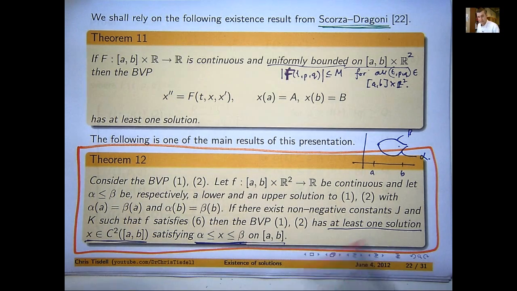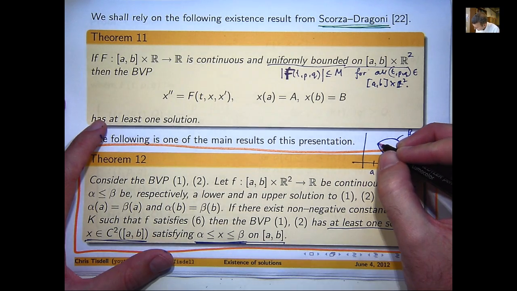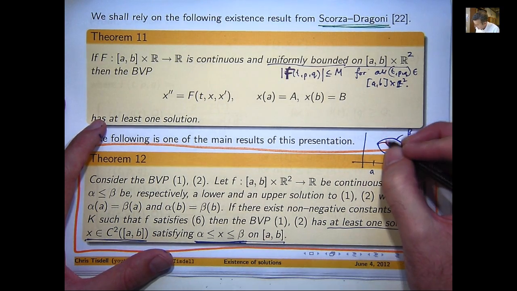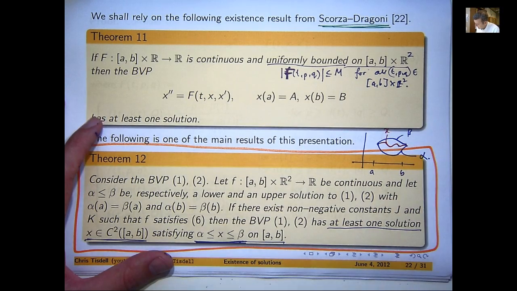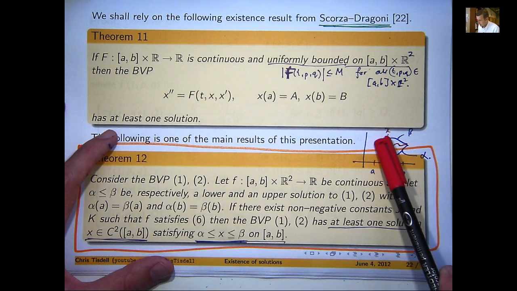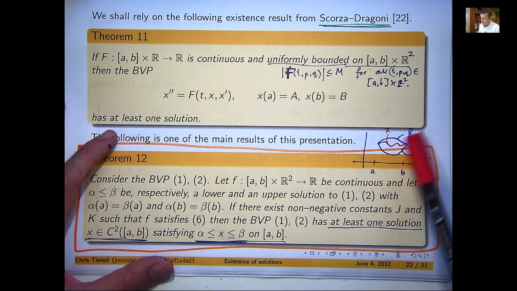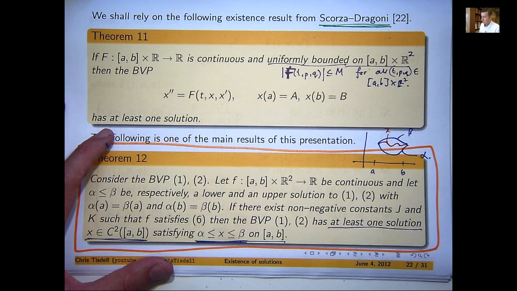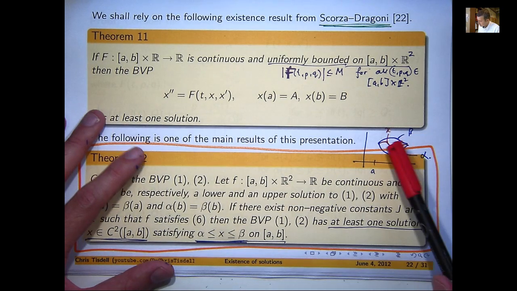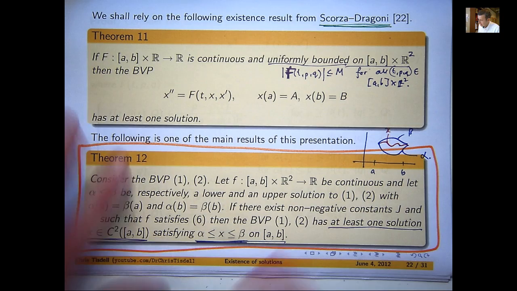What the conclusion of this theorem says is that there is a solution that stays between the alpha and the beta. Now, you could have more than one solution. The solution could pop out and then pop back into this region between alpha and beta. We're not interested in those kinds of solutions. What we're interested in is showing that at least one solution lies between the alpha and the beta on the whole interval.